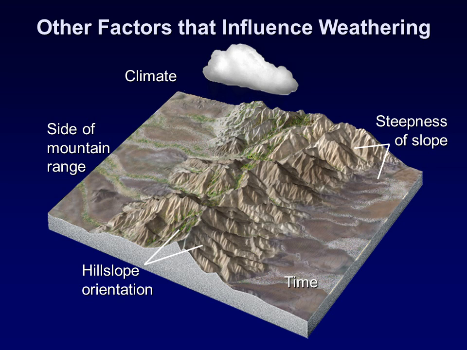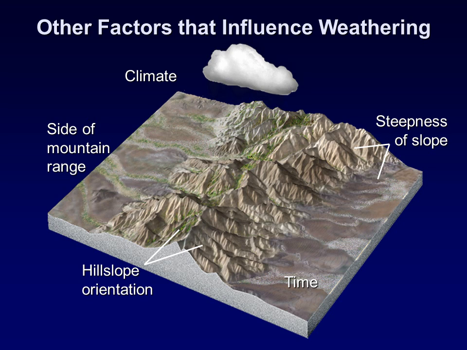So climate includes precipitation, whether that's rain, snow, sleet, temperature, whether it's freezing or not. The climate is very strongly influenced by latitude, elevation, ocean currents, everything we talked about basically in Chapter 13.